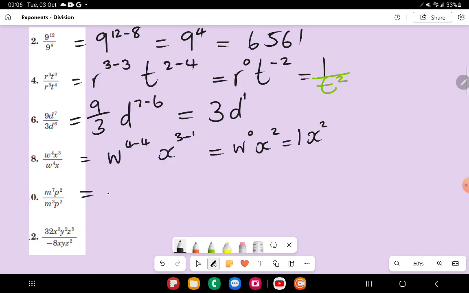Question 10: m^(7 minus 3), p^(2 minus 2) gives me m^4, p^0, which is just m^4 times 1.